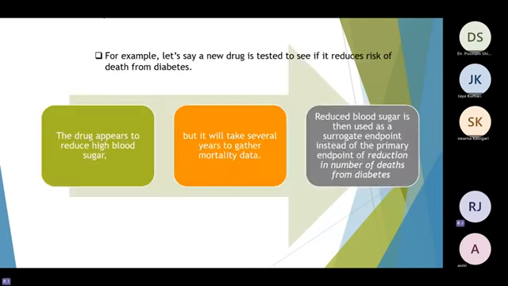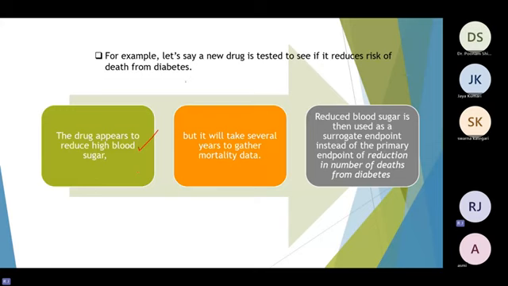Let's see with the help of one example. For example, we are developing a drug which is used to reduce high blood sugar, and we are checking whether our drug is going to decrease the mortality in subjects with high blood sugar or not.